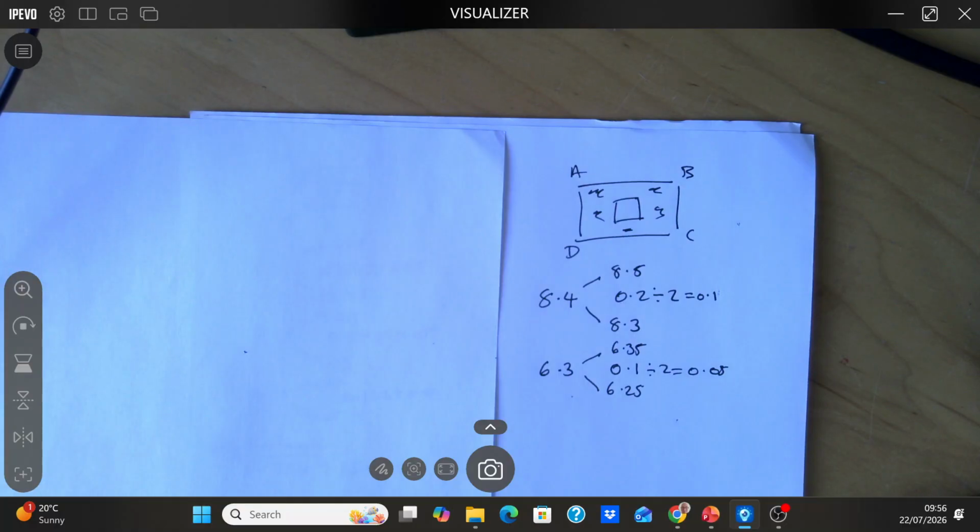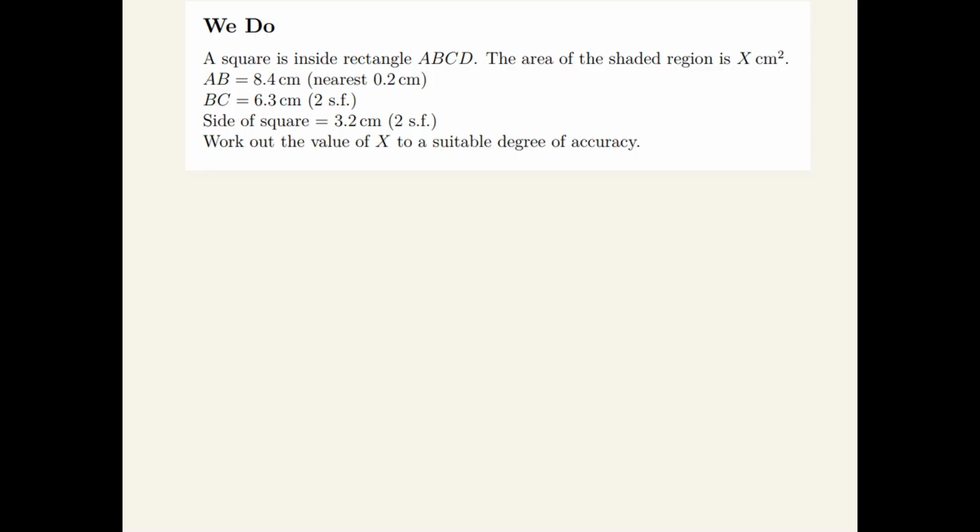Now, what am I going to ask you to work out? What do you need to work out now, looking at the question? Yes, the side of the square, the bounds on the square. Work out the bounds for your square.